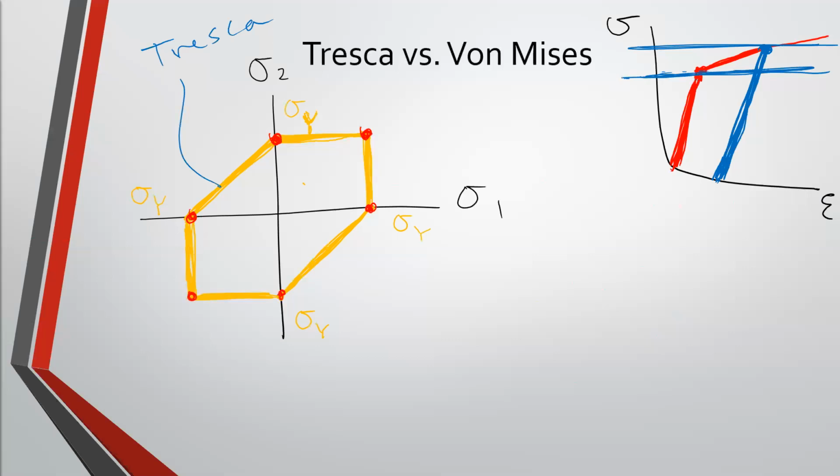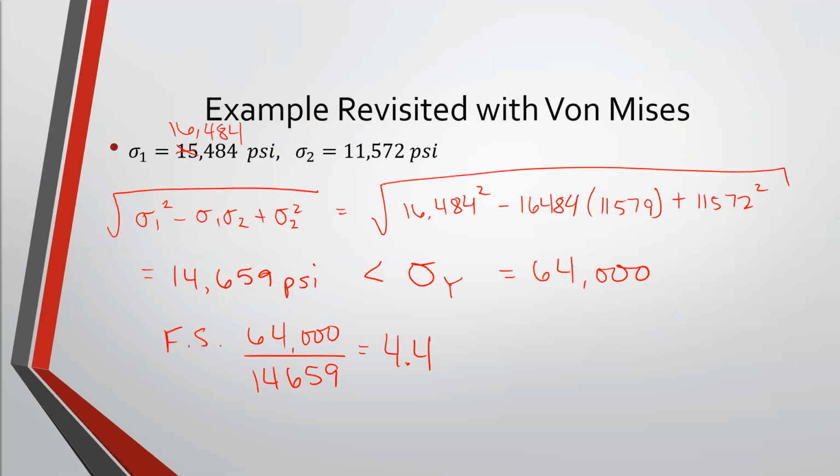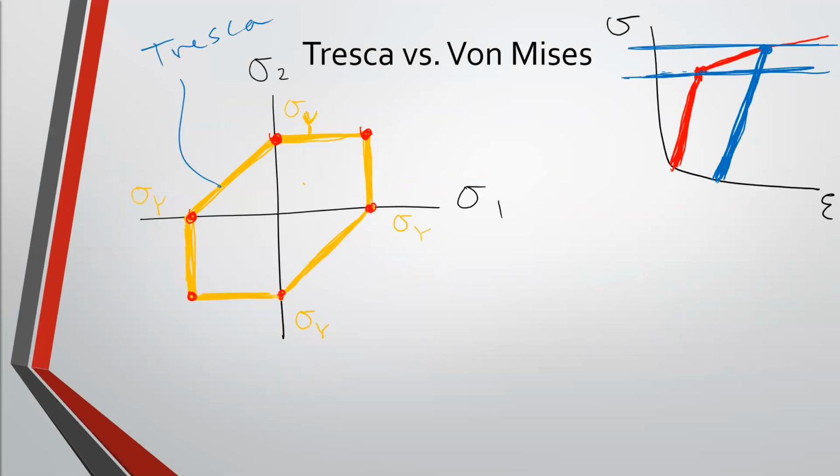So at 6 particular points, you'll get the same result predicting yielding from von Mises. But if you look back at that equation, this equation here should look somewhat familiar to you from calculus. The sigma 1 squared minus sigma 1 sigma 2 plus sigma 2 squared.